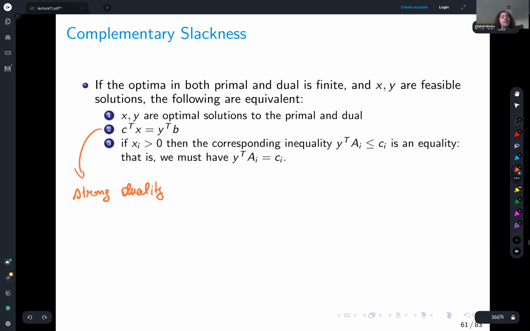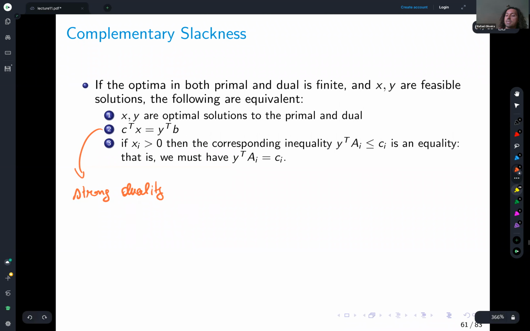And the third one says that if x_i is positive in the solution, it implies that the corresponding inequality, y transpose times a_i less than or equal to c_i, is an equality.